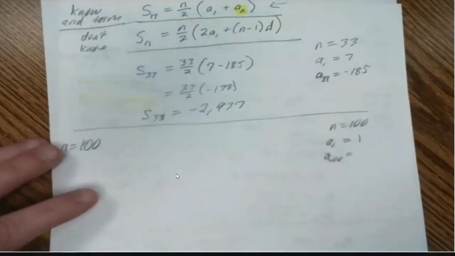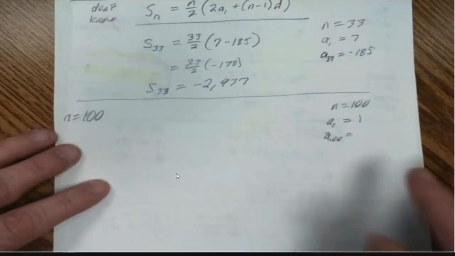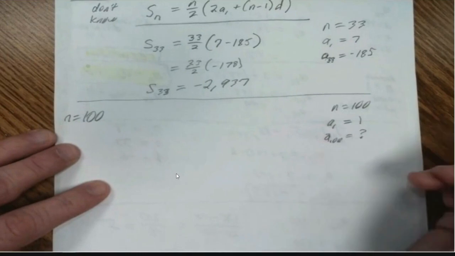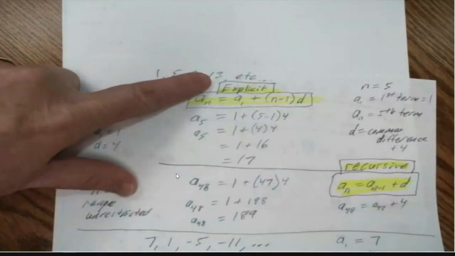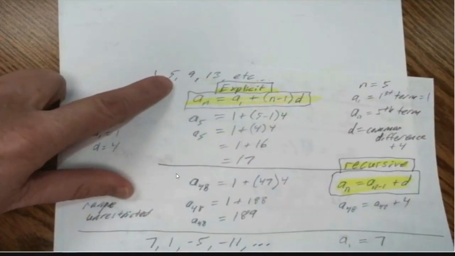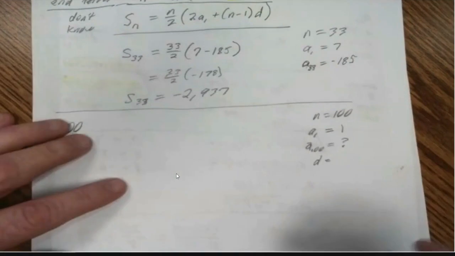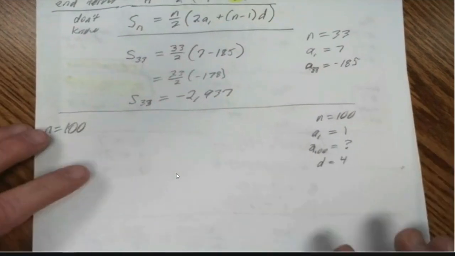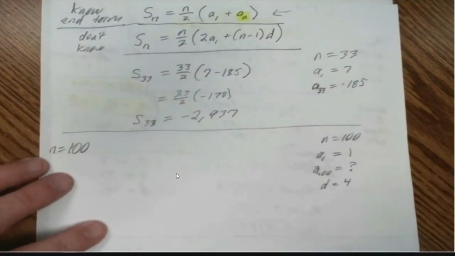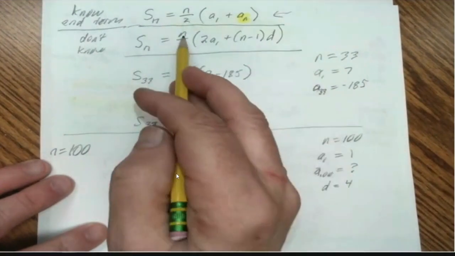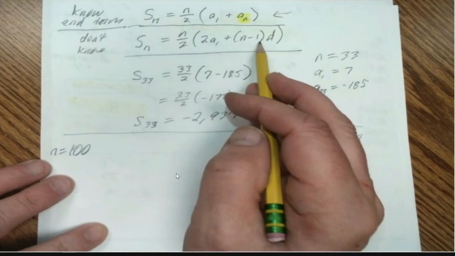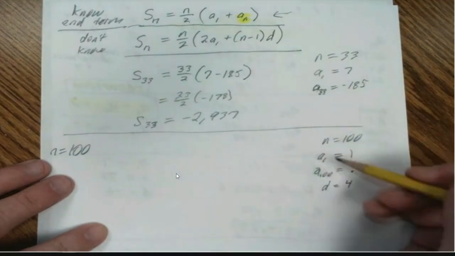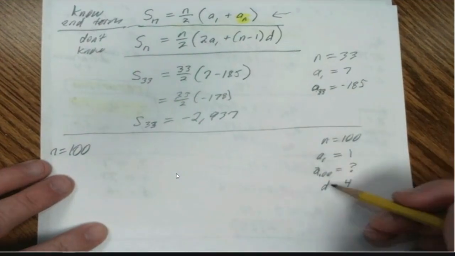So this one we don't know what A100 is, but we do know the difference. The difference on this one, 1, 5, 9, 13, was 4. It went up 4 every time. So our common difference was 4. So since we know that, we can use the second one because all we need to know here is the n, the first term, and the difference. Well, we know the first term, n and d.